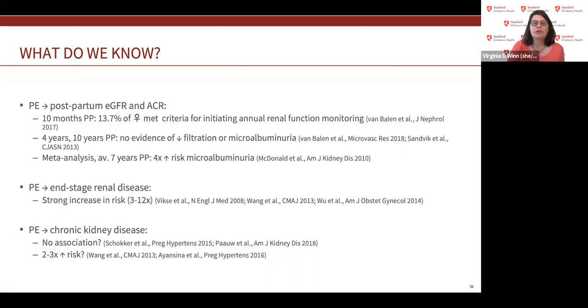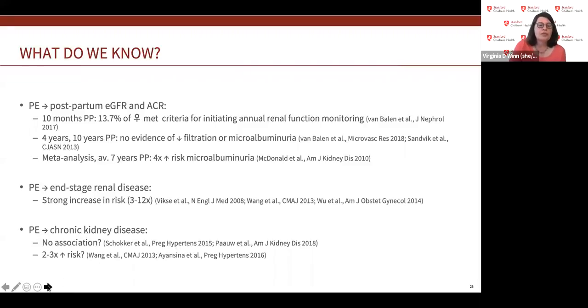But what is shown in a number of studies is that there is a strong increased risk in end-stage renal disease. Fortunately, while this is a significant increased relative risk, the absolute risk is still low. And in terms of chronic kidney disease, there is some mixed data around this as well.